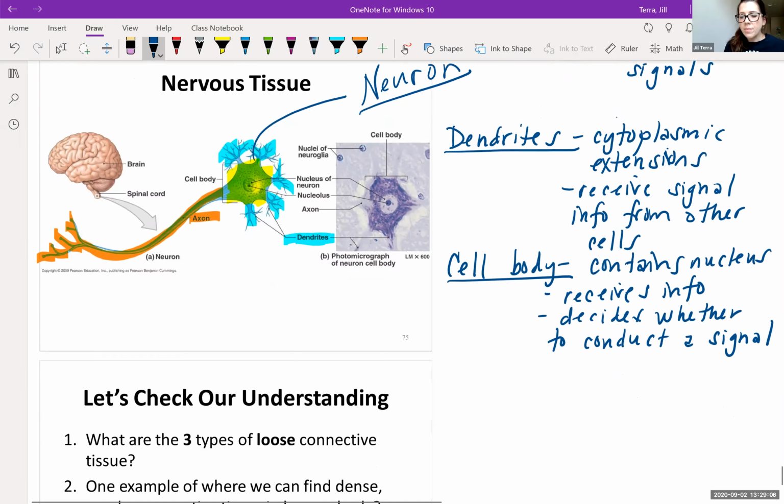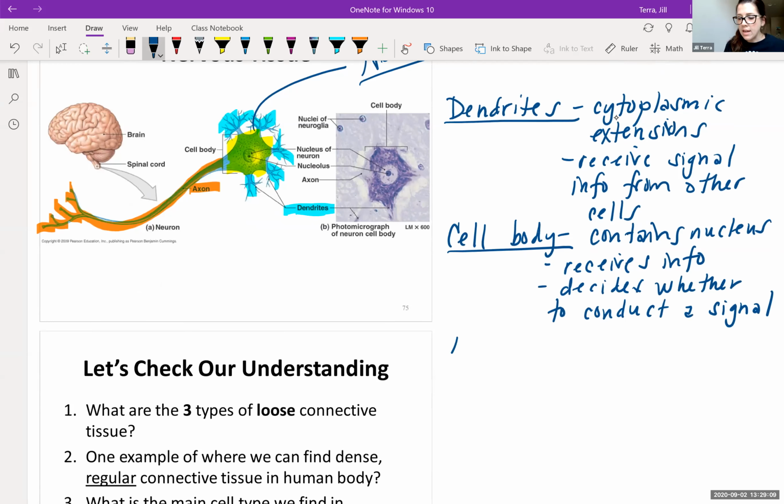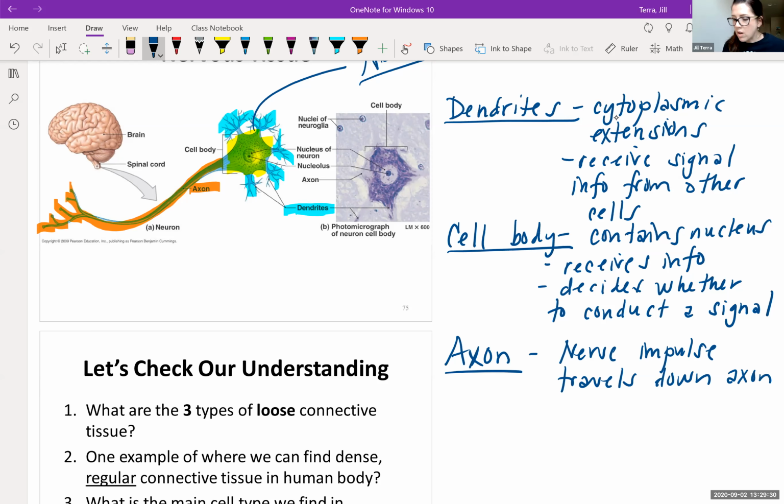And then if the cell body does decide, then the axon is the part where that electrical signal is conducted along the length of it. So the nerve impulse travels down the axon toward another cell, okay?